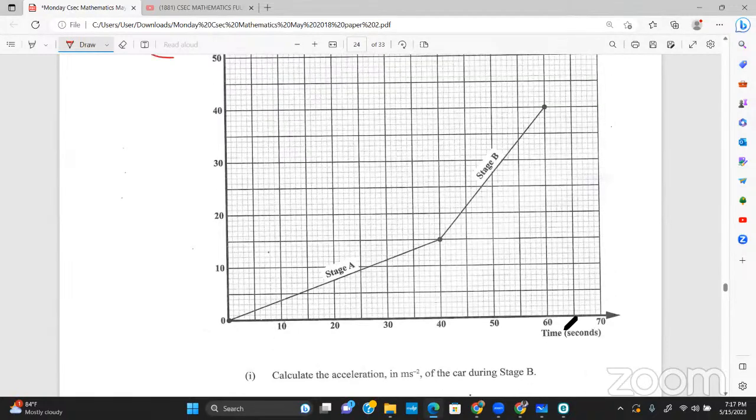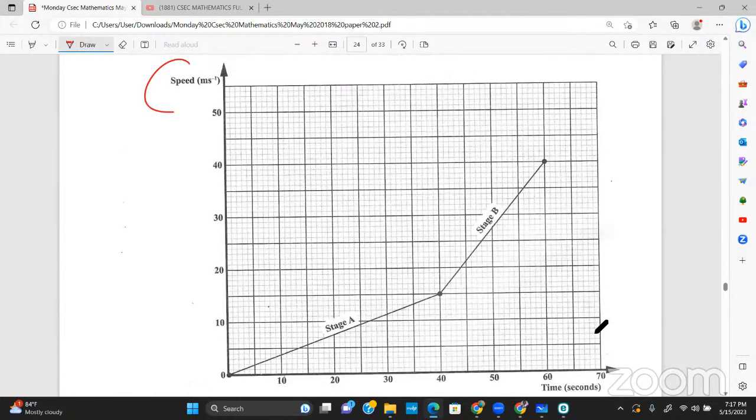I want to take the time out to tell us something. When you're doing speed against time or velocity against time, the acceleration is the gradient. Acceleration is the gradient. Always. Acceleration is the gradient.